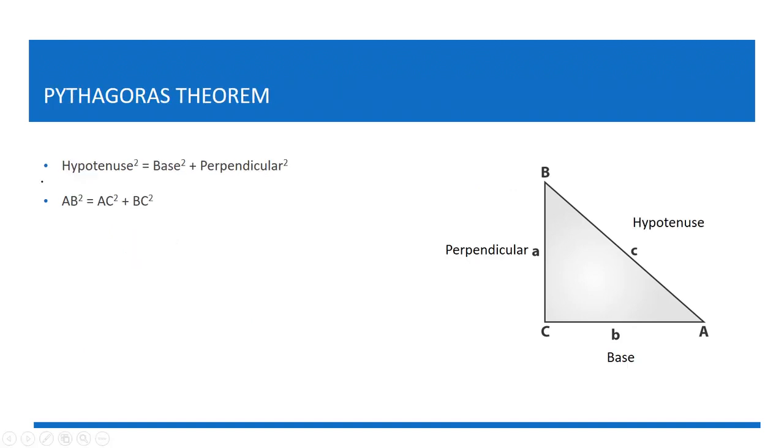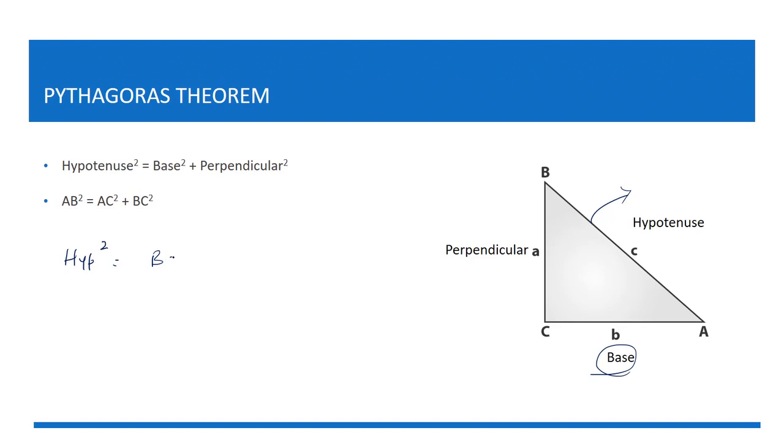Right. Then let us check out the Pythagoras theorem. In case of Pythagoras theorem, hypotenuse square is equal to base square plus perpendicular square. This is applicable only for the right angle triangle. Hypotenuse is nothing but a diagonal of a square, right? But in case of triangle, it is called hypotenuse. So hypotenuse square is equal to base square plus perpendicular square.